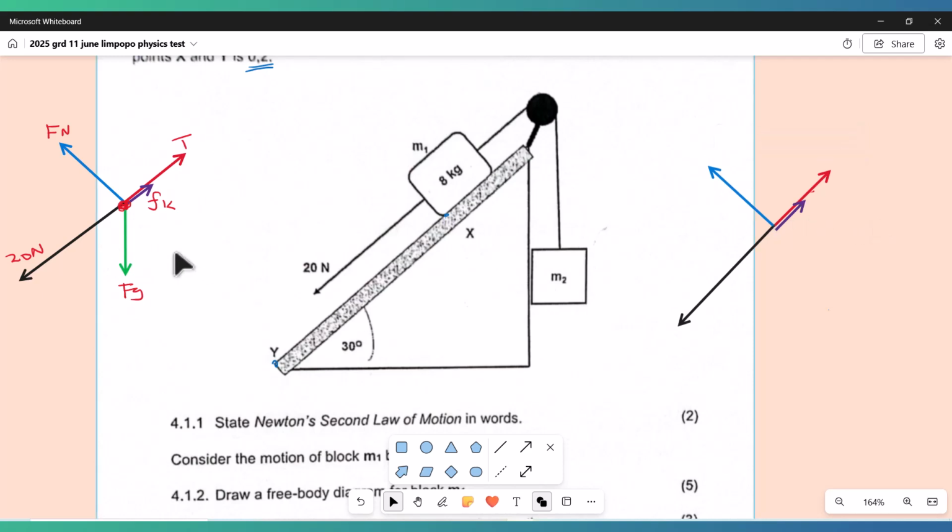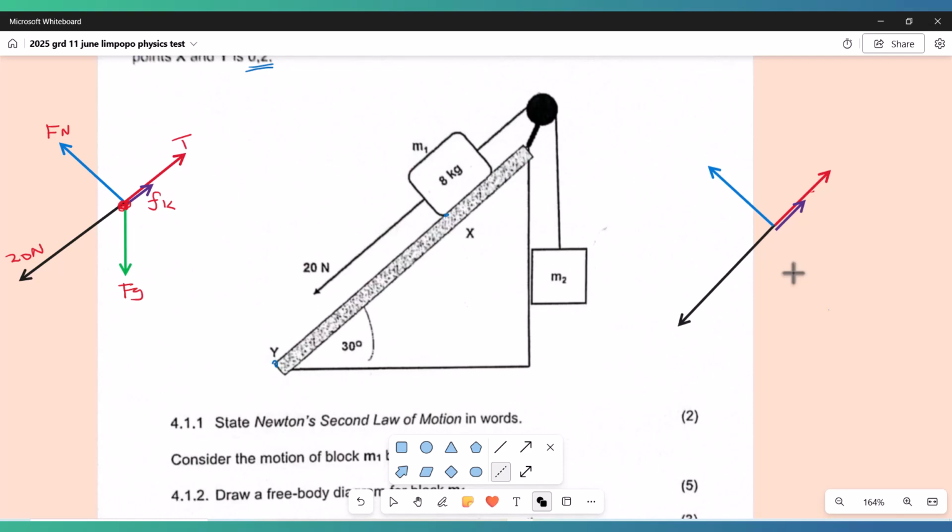Now, this Fg is going to be resolved into two components. One being perpendicular to the plane, other than being parallel. So I'm going to get a component like this. Let me use now a dotted line, in this case.